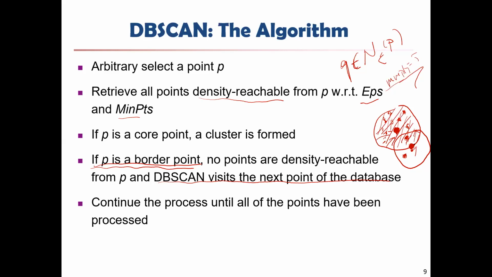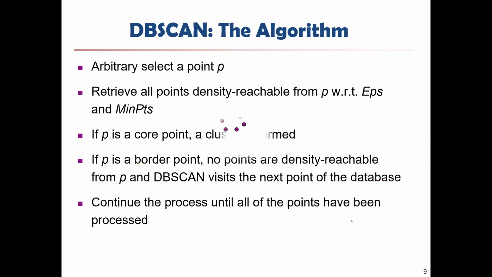You are done with these points, okay? So while you are going through the data points, as soon as you assign them to a cluster, you don't have to see them again. You can just skip those points, mark them checked, and move to the next one. Okay, other points. All right, let's move on.